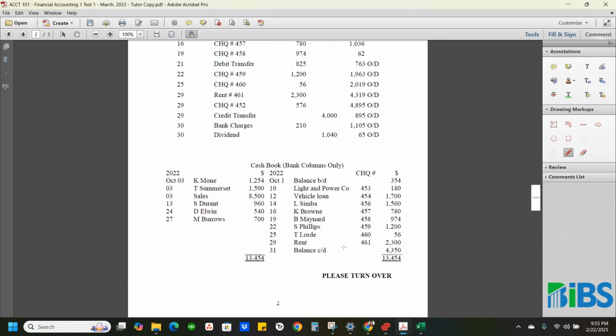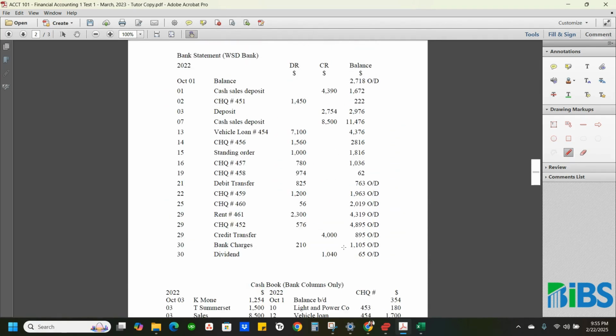So what we're going to do is, as we go through the bank statement and check off the information against what's in our cash book, we are going to highlight any transactions we come across that may be for our opening reconciliation. We're going to cross off any transactions that we see on our bank statement that are also in our cash book.